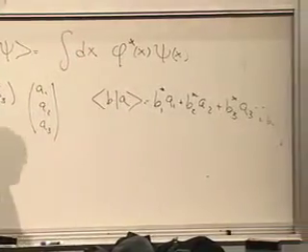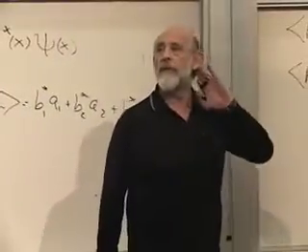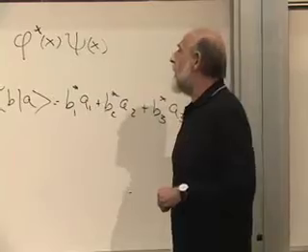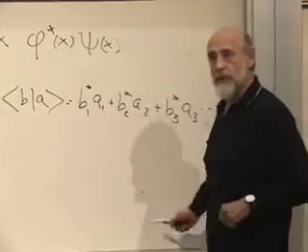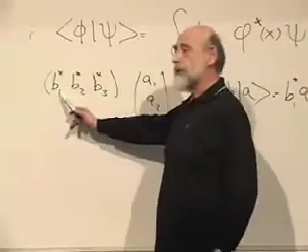Yes? But the coordinates of the ket vector B are still just plain old B1, B2, B3. The entries into the bra vector are the stars.